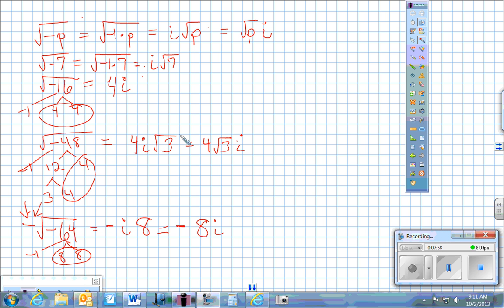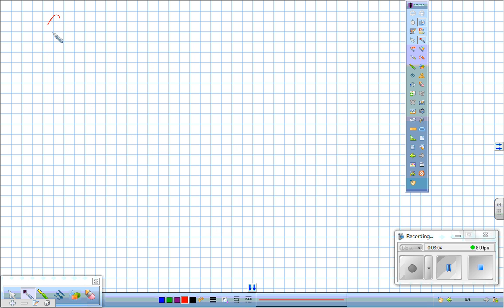Then we move into something called the complex number. So everything we've done so far are just simply imaginary numbers. Then we will have complex numbers, which will basically be a real number plus or minus an imaginary number. So everything we just worked with were the imaginary pieces.